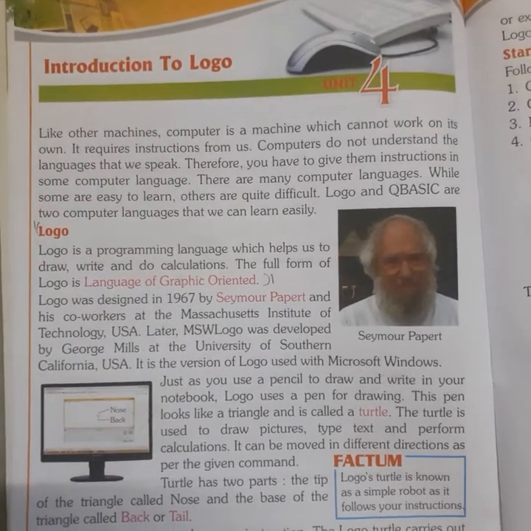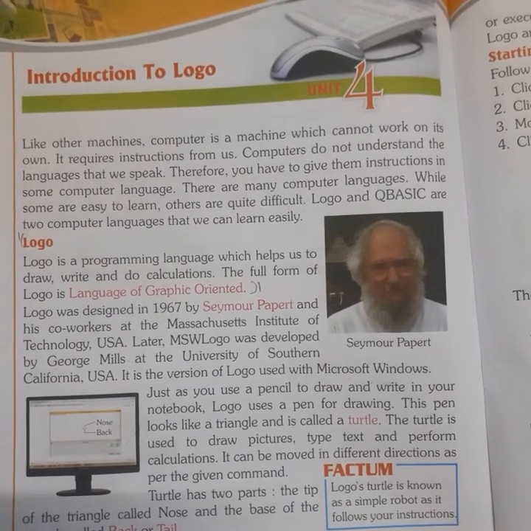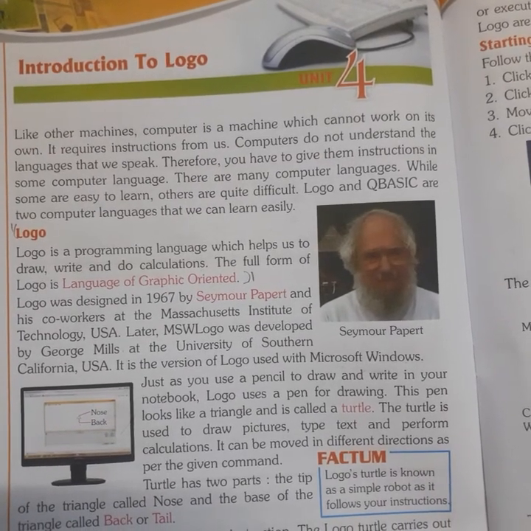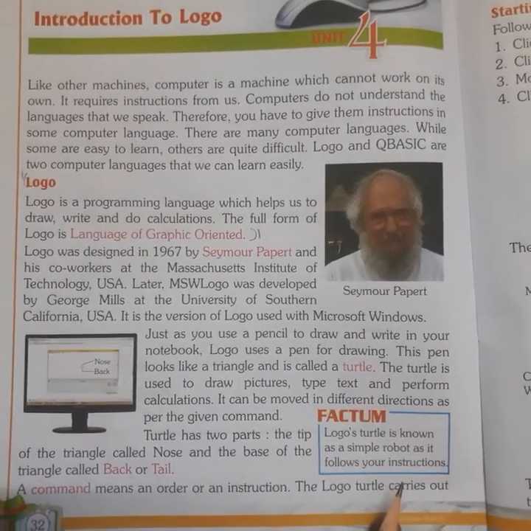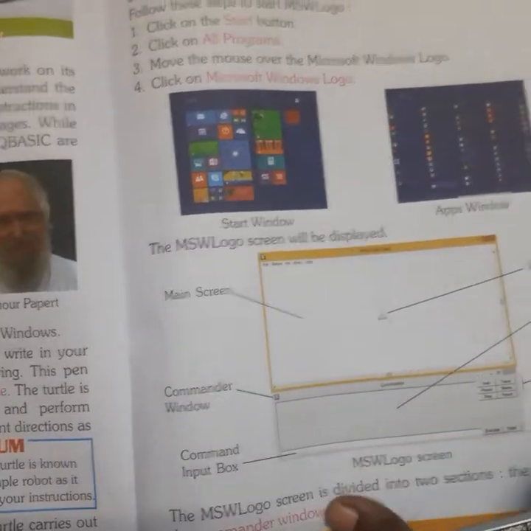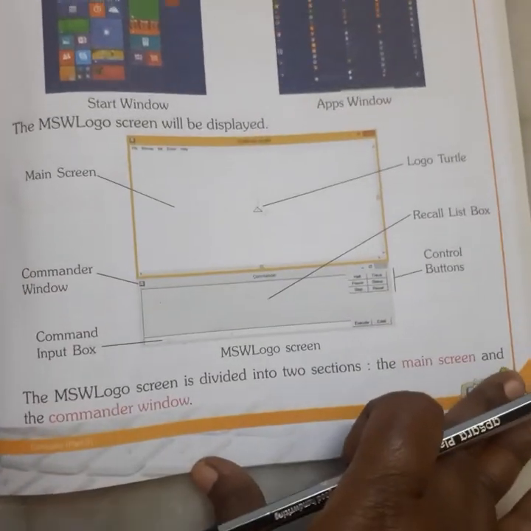Children, in the last class we learned the fourth lesson, that is Introduction to Logo. We learned that Logo is a programming language, how to start Logo, the components and parts of Logo, and the control buttons.